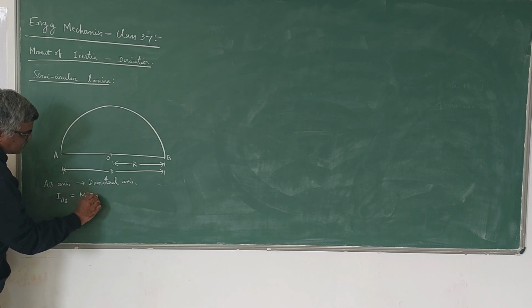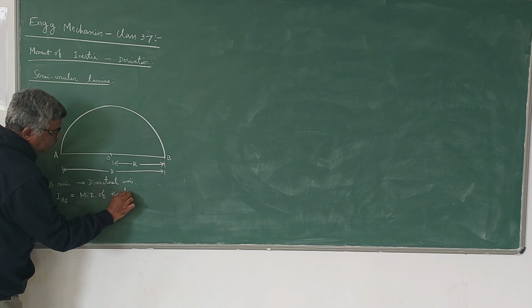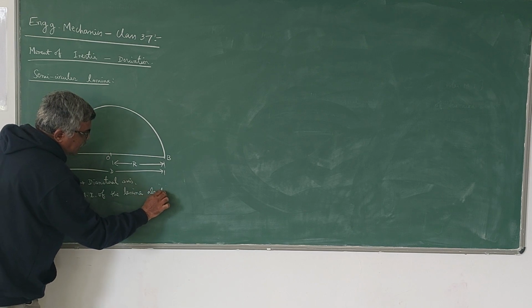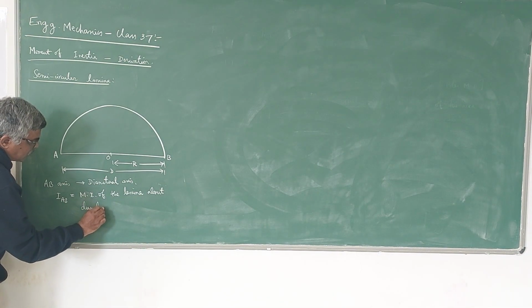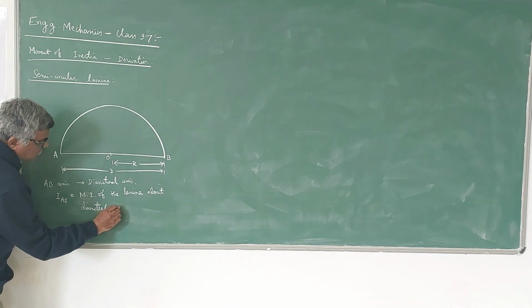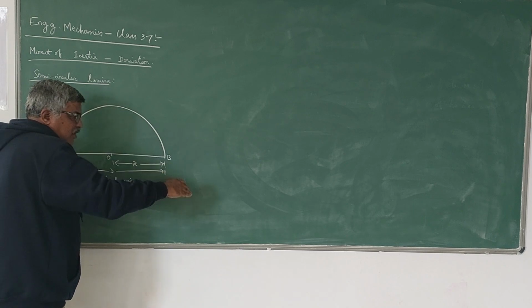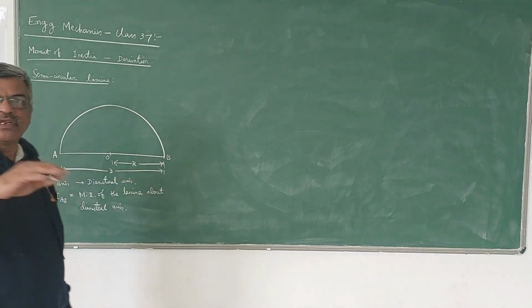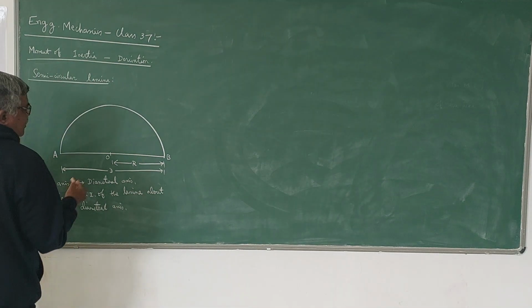So IAB means moment of inertia of the lamina or the area about the diametral axis. AB is the diameter here, so it can be in any orientation. It can be like this, or like this, or vertical also. Whatever it is, about the diametral axis, let us derive the expression for the moment of inertia.